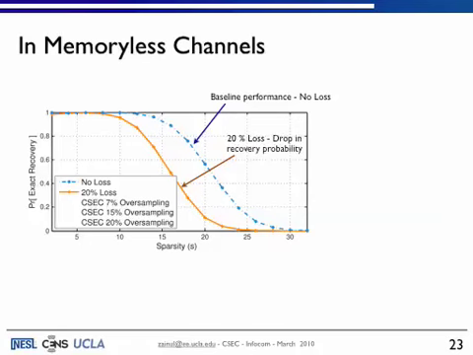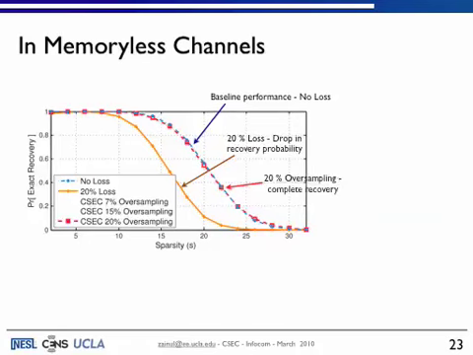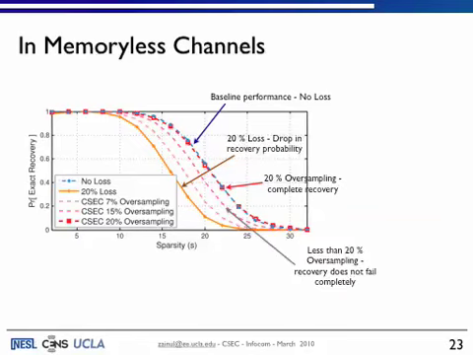And when you do this oversampling mechanism, you get back exactly to the baseline performance. Now this is not surprising because this is work on a synthetic binary erasure channel. And so the simulations line up with the theory. This is what it says. And the interesting thing is that when you have 7% or 15% oversampling, you're somewhere in the middle between these two.